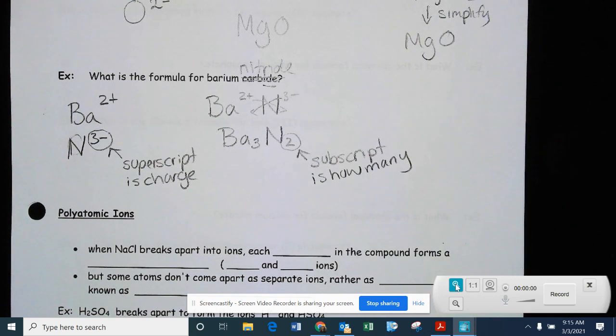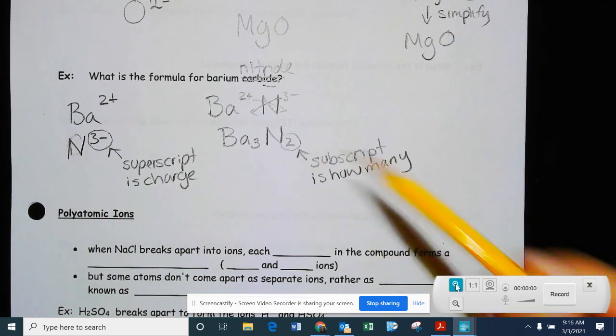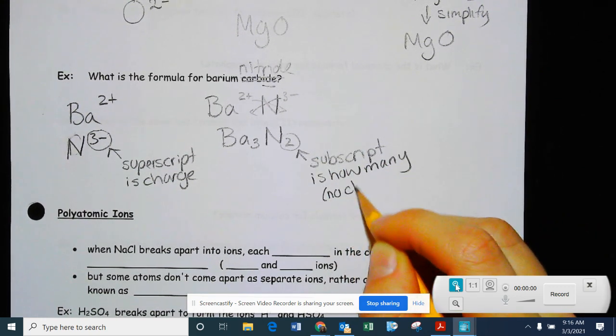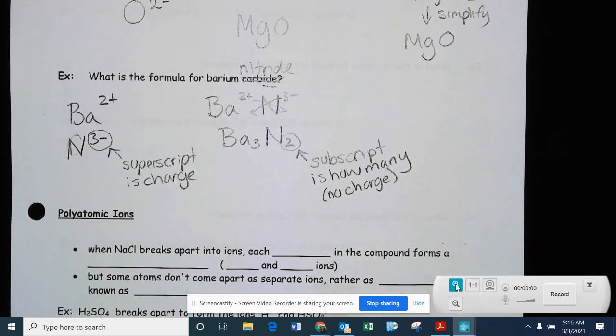That's a really important distinction to make. The superscript is charge, so it's going to have either a positive or a negative associated with it. It's telling us how many extra electrons it has, or how many fewer electrons it has than protons. The subscript does not have a charge associated with it. It's just telling us how many of that thing there are.